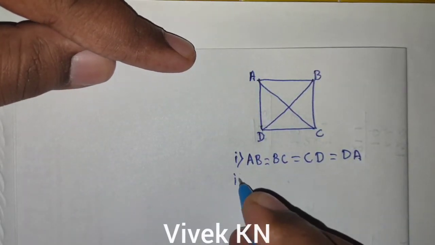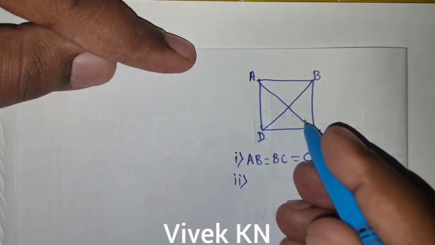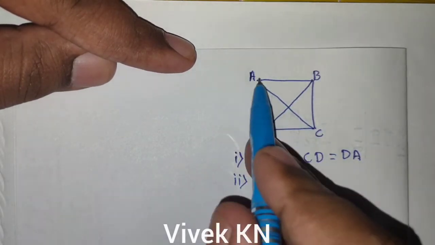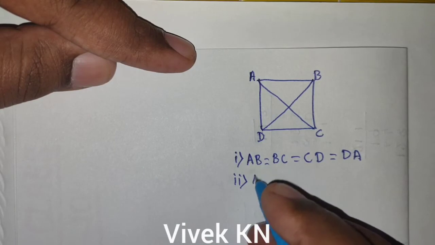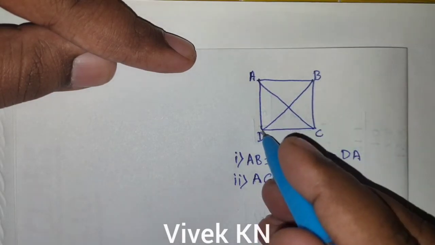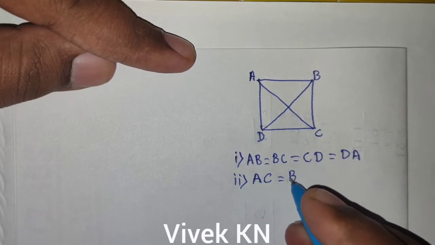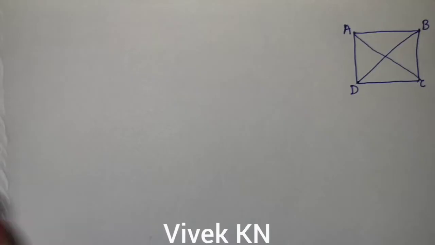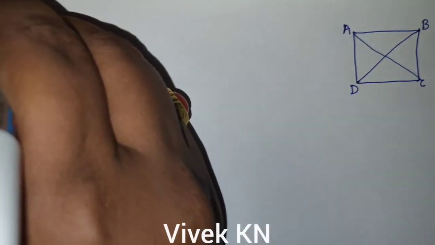And the second property is its diagonals must be equal. That is, the diagonal AC must be equal to the diagonal BD. So let's solve this problem. Solution.